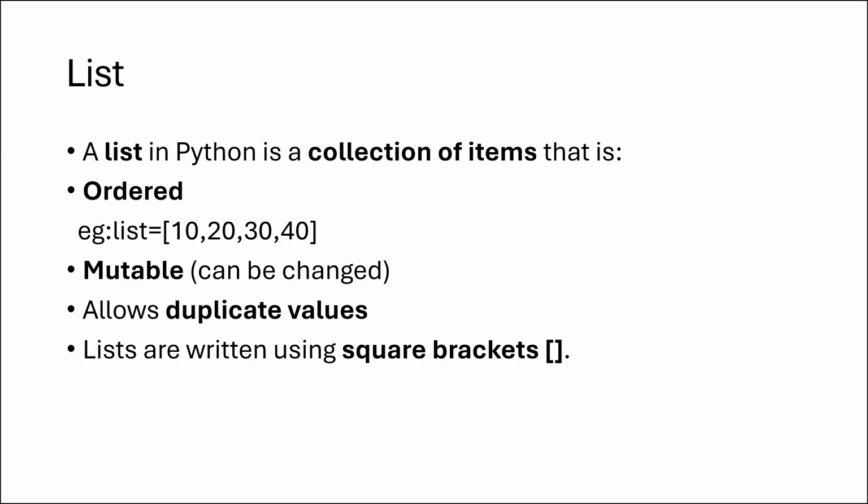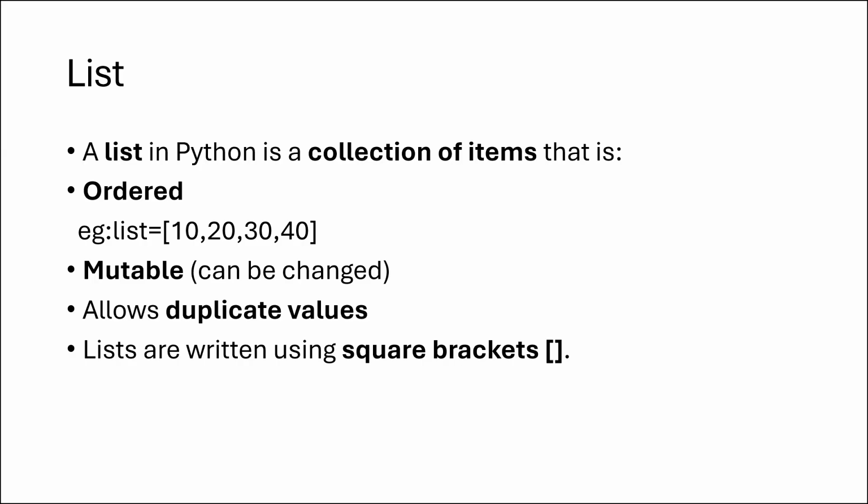Here at index 0, 10 is allocated, at index 1, 20 is allocated, at index 2, 30, at index 3, we have 40. A list will store the elements in an ordered way according to the index. So a list is an ordered collection of items.